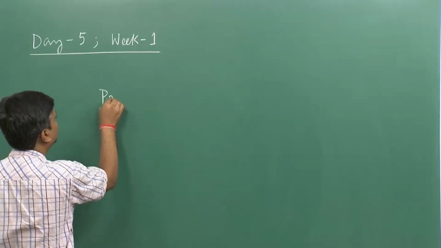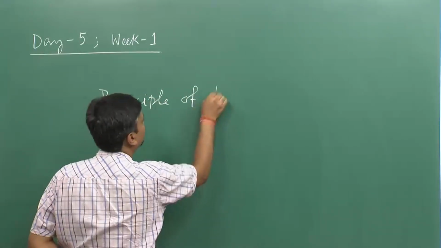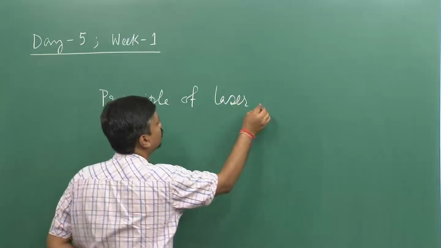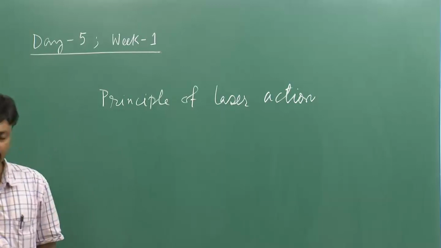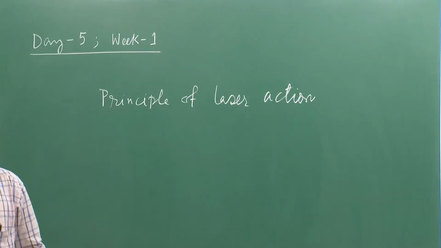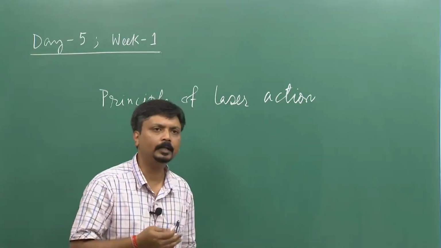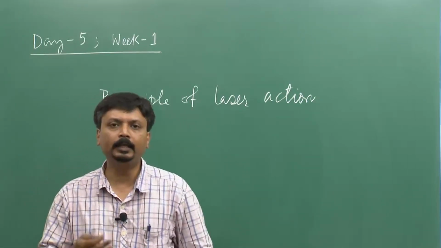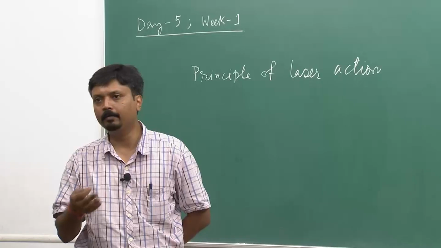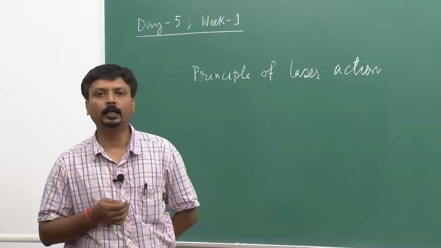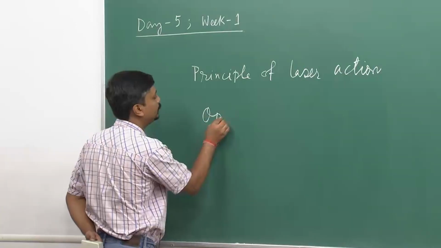In learning the principle of laser action, we started looking at the interaction between light and matter, taking a simple example of an atom and taking only two energy levels. So, constructing a two level system, we learnt about different optical transitions.